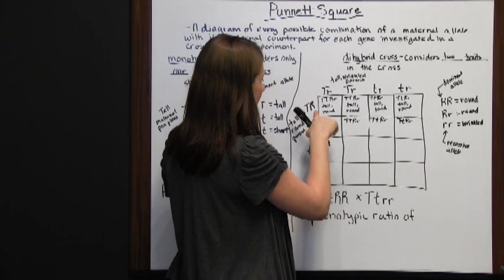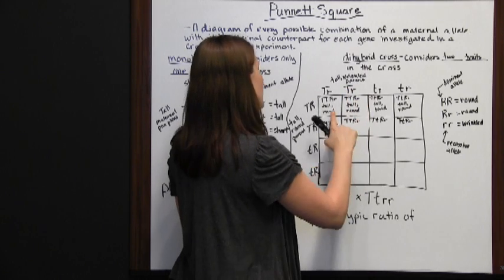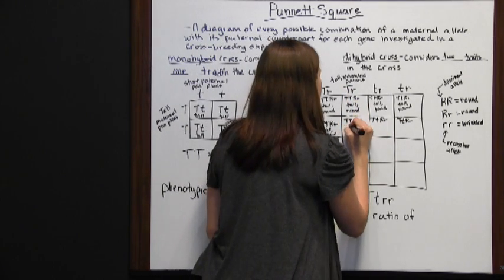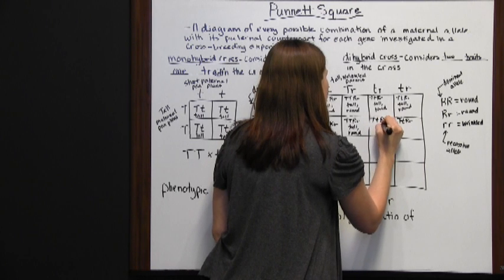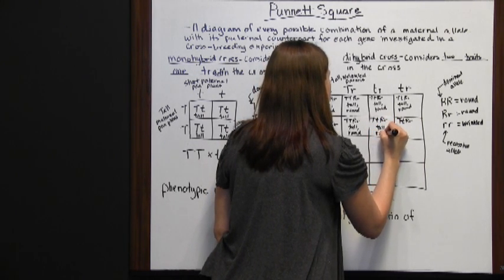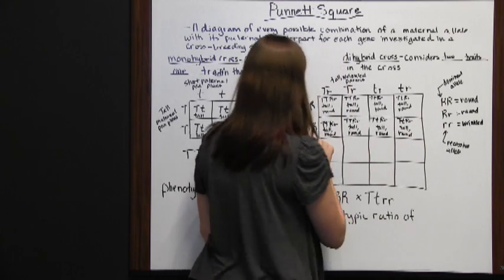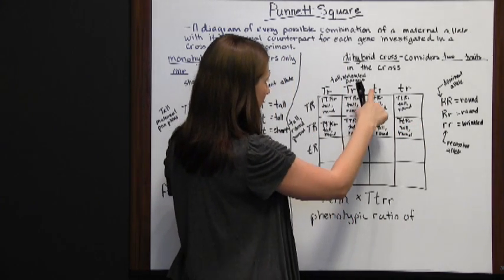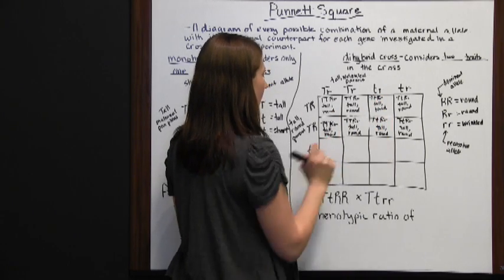Since we had a big T, big R, big T, big R, the results going across the board are going to be the same. So all of these will also be tall and round. And if you wanted to go across and check them all, you definitely could, and just look at it. Big T with this little t, we've got it. Big R with this little r, we've got it.